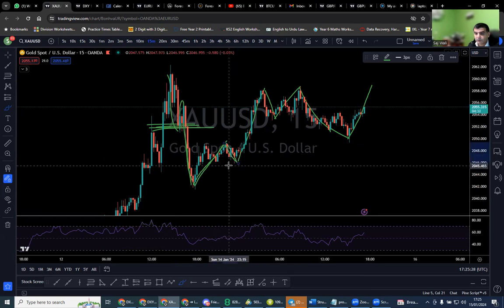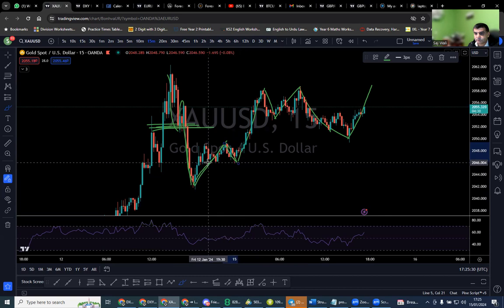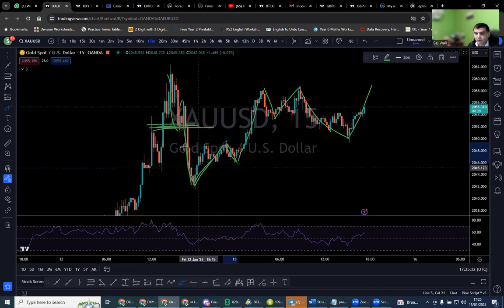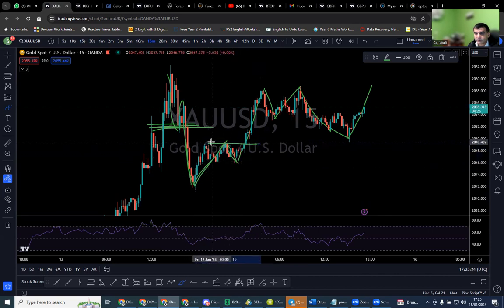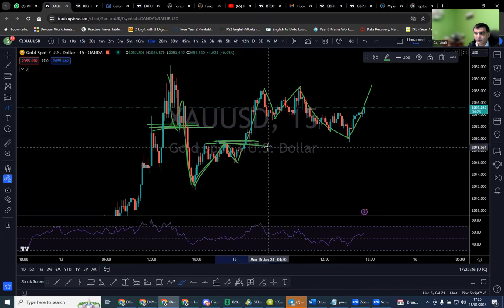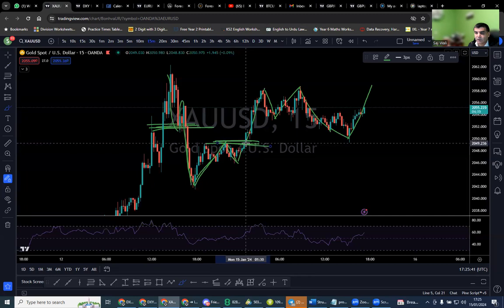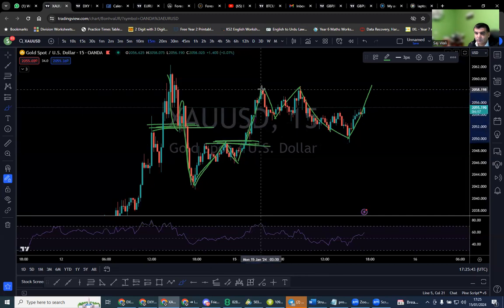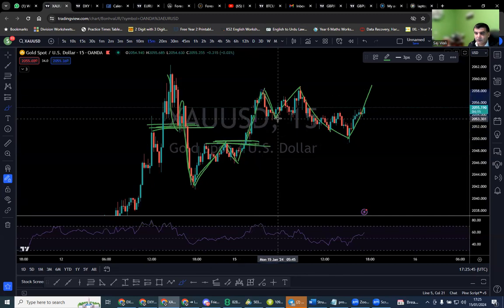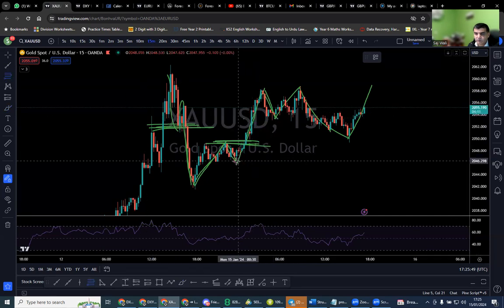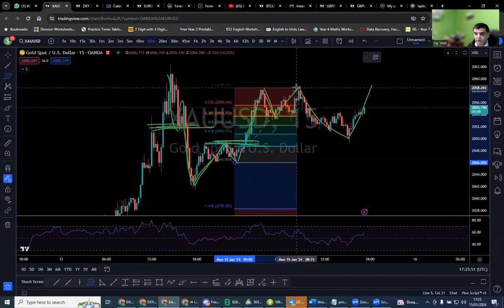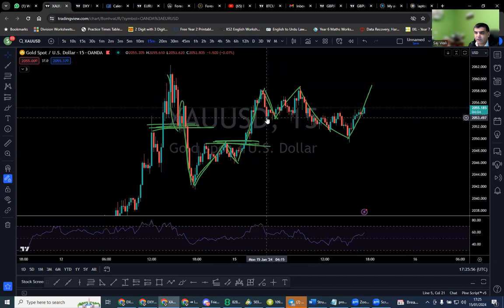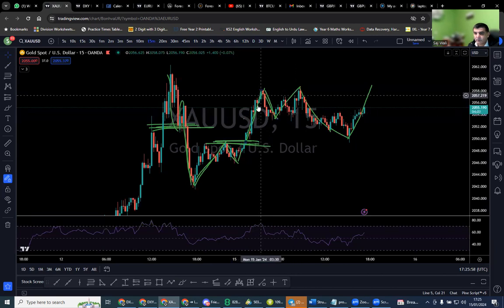In fact, this third move here is a breaker structure, and move to the upside, and then this is a fib level. Let's see what the fib level we have here. 0.38 fib level. Market respected that, made a double top.